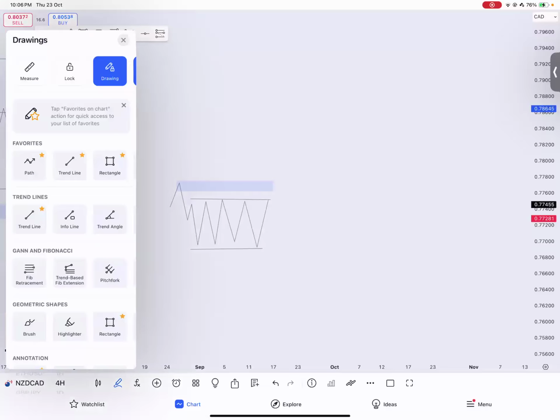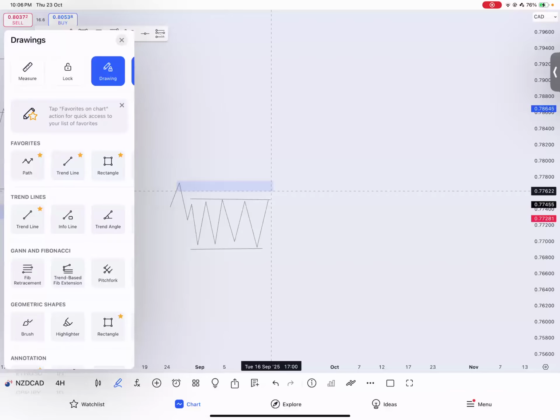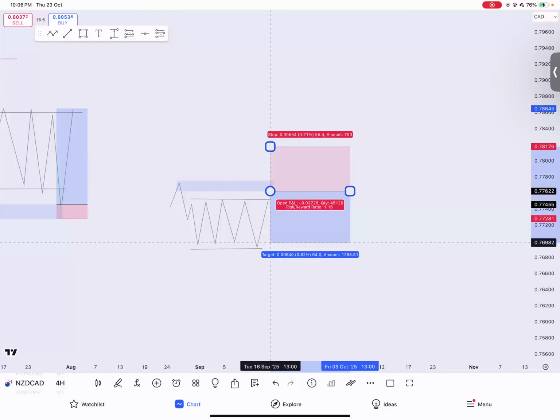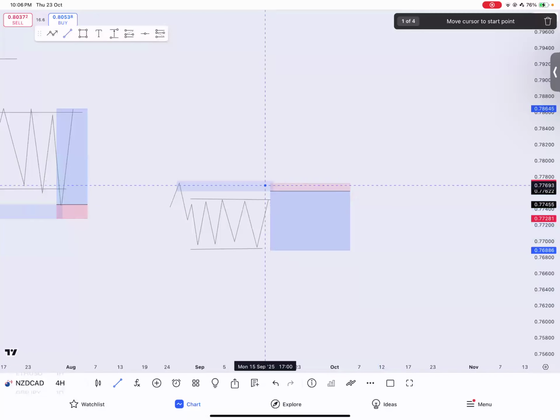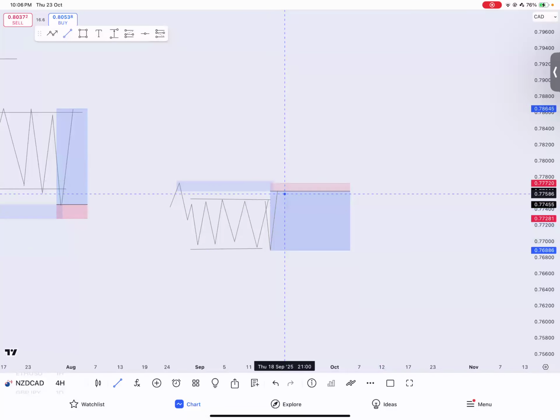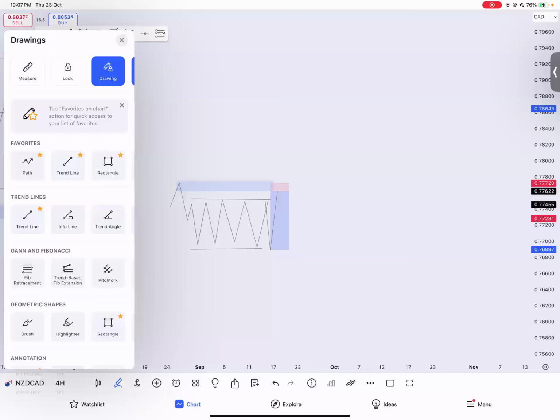So market is going to keep ranging until it takes out liquidity on the opposite side of where the market is meant to go. So market is meant to sell, so it's going to take out liquidity on the opposite side first, which is on the upside. So market is going to range till eventually it takes out this high and triggers your point of interest. And where it's going to go to next is the other side of the range, which will be down here.